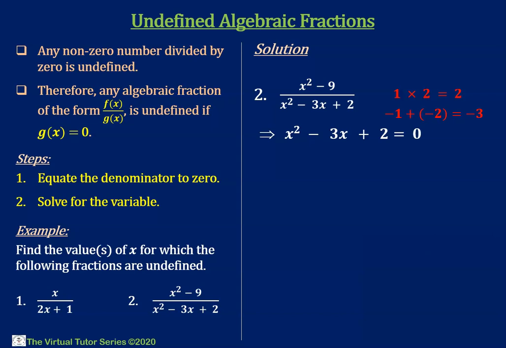We then put -1 and -2 in place of -3. So the equation now becomes x squared minus x minus 2x plus 2 is equal to 0.